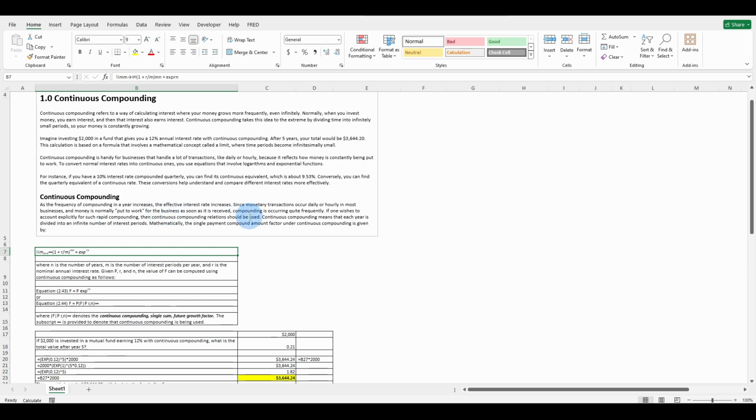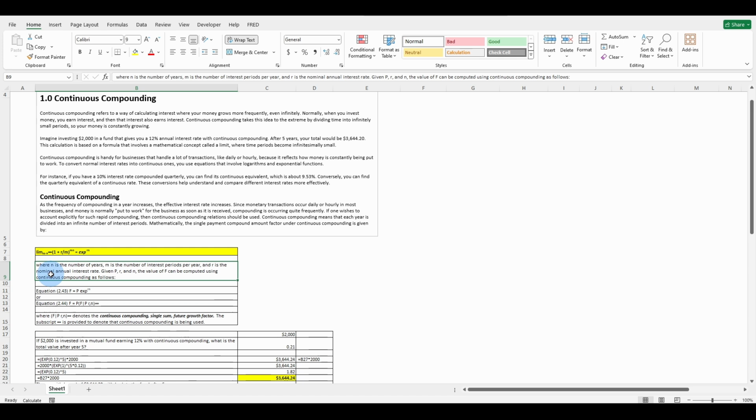Continuous compounding means that each year is divided into an infinite number of interest periods. Mathematically, the single payment compound amount factor under continuous compounding is given by this formula here. I'm just going to highlight it, put it in bold, where N is the number of years, M is the number of interest periods per year, and R is the nominal annual interest rate.